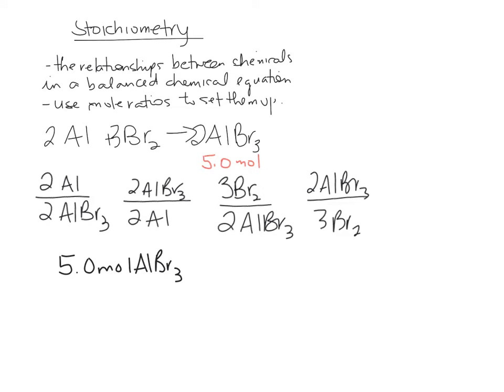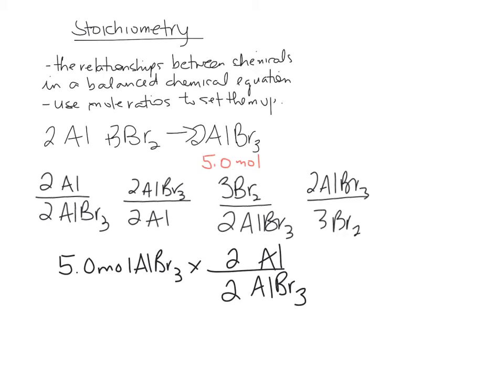And we are going to multiply this by a mole ratio to get aluminum instead of aluminum bromide. So, this is very much like dimensional analysis, but you have to do it this way for mole ratios. So I have aluminum bromide on the bottom so that it cancels. Aluminum on top, because that's the unit I want.